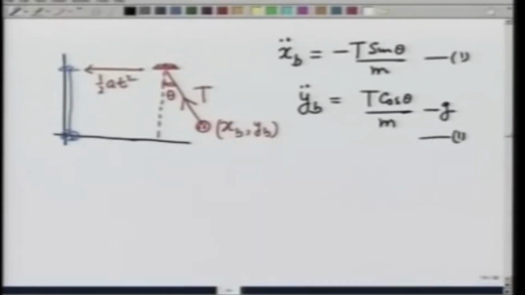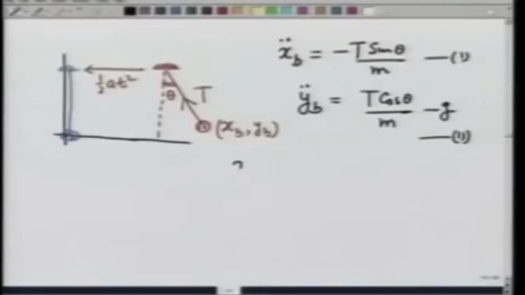That is my equation 2, because on the bob in the vertical direction there is a T cosine theta component and a g component. How many unknowns do I have? I have unknown x b, unknown y b, unknown theta, and tension T, 4 unknowns. So, I need 2 more equations.